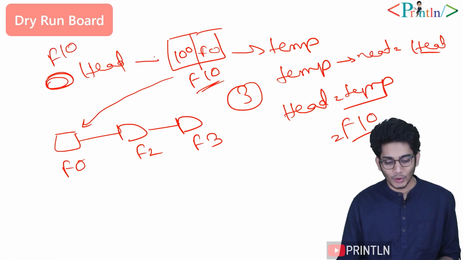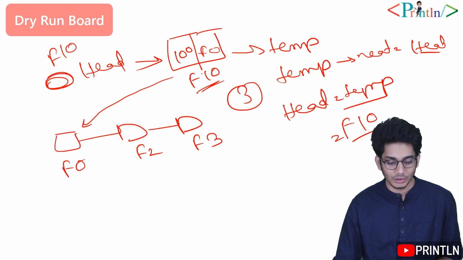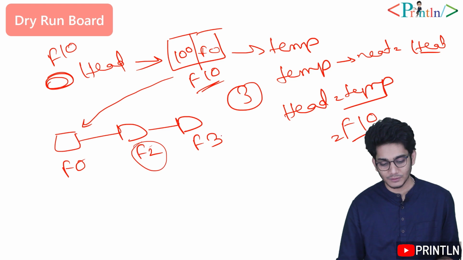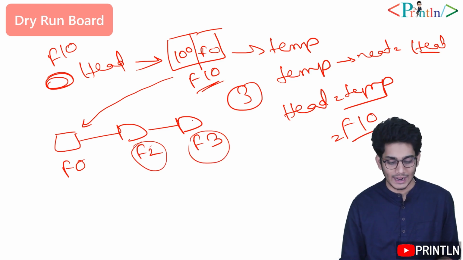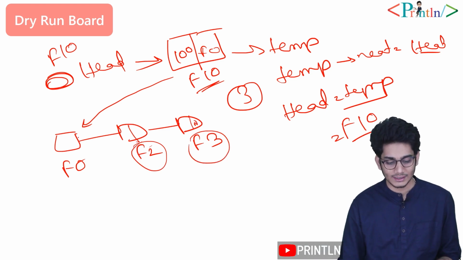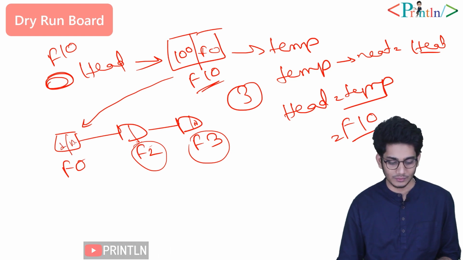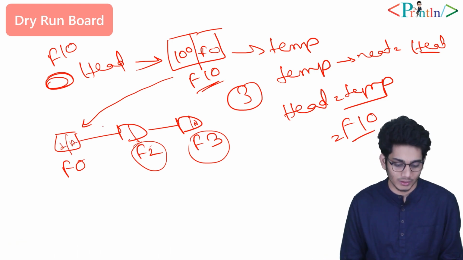Now the head will point to this node, and the new node we have created, temp, is currently pointing to f0, f0 is pointing to f2, f2 is pointing to f3, and at the last we have null. Let's say that each node has two parts, one is data and one is address. So this is how things are going on.